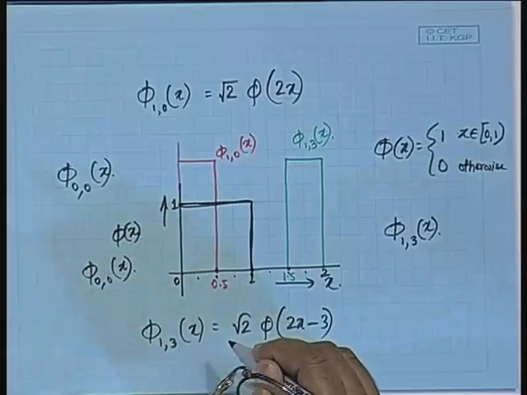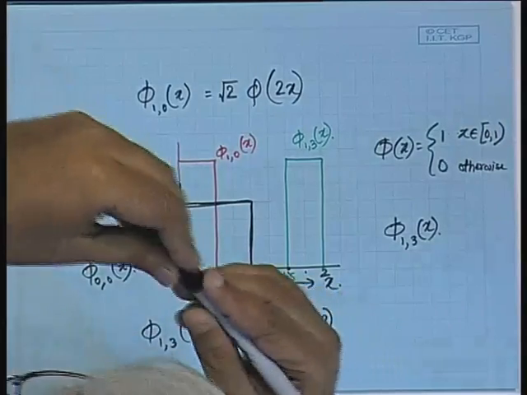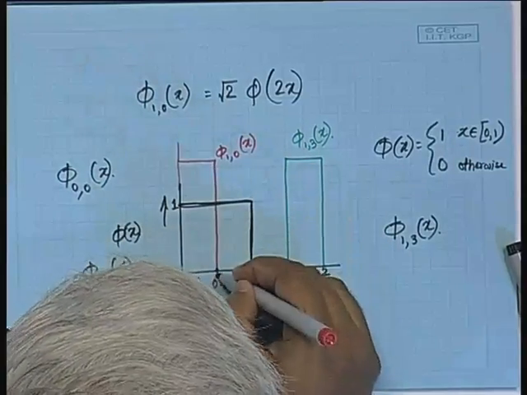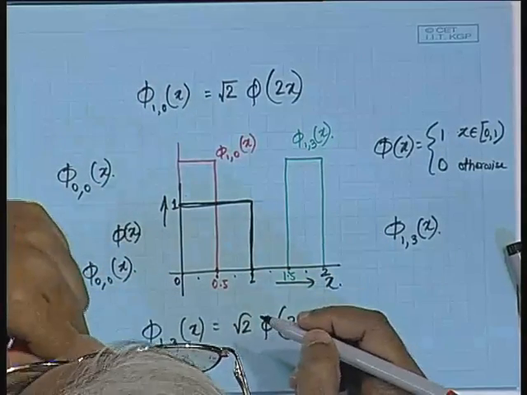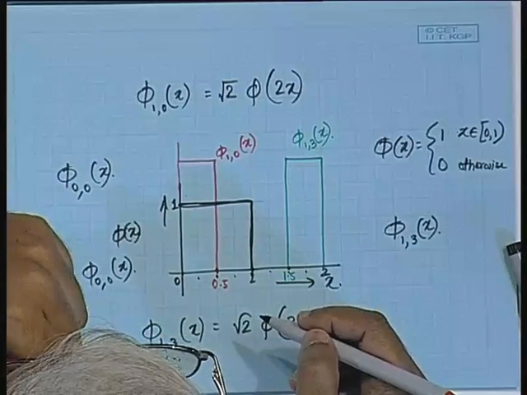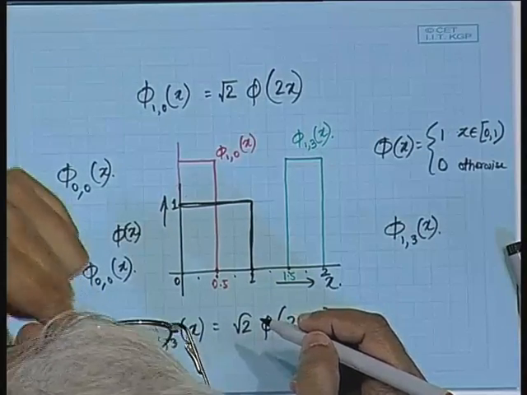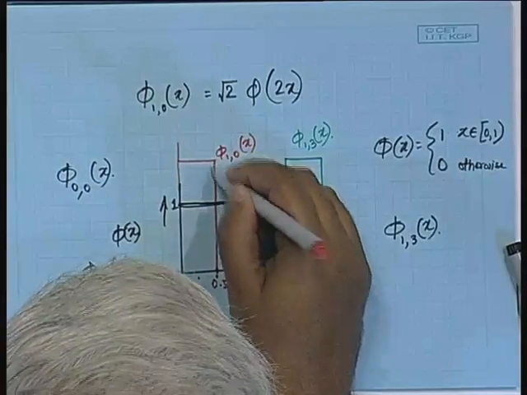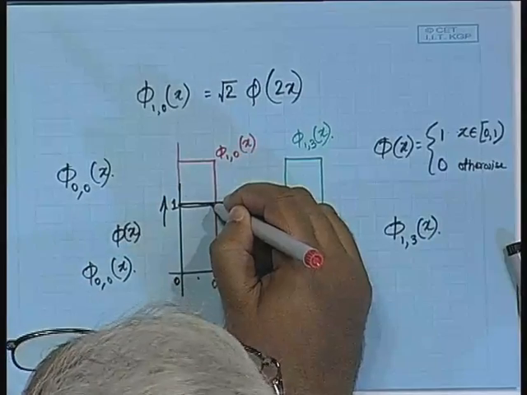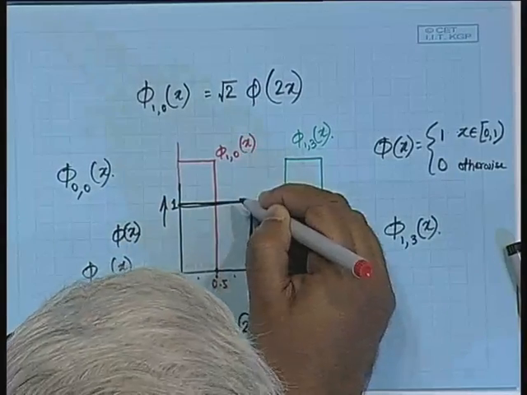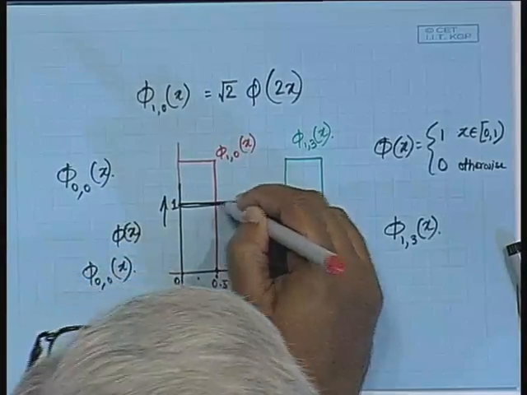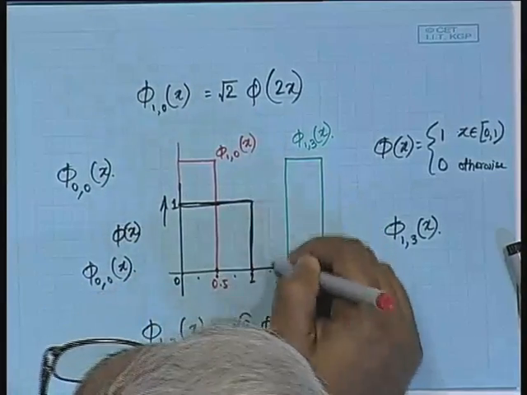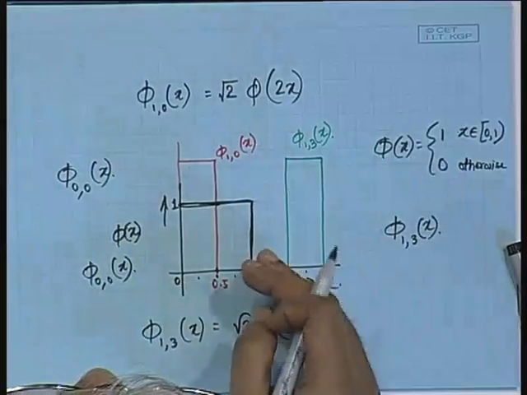But if I ask in the other way, that can I use this function to approximate this one? Possible. What am I going to do? Very simple. I scale this by 1 by root 2, and then I create a shifted version of the scaled function by 1 unit, and I add up these two.